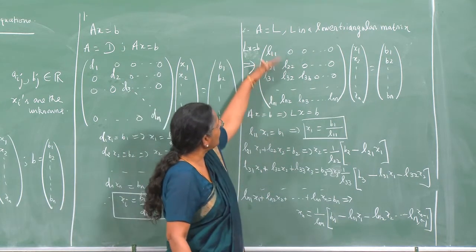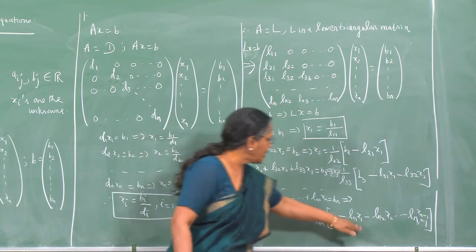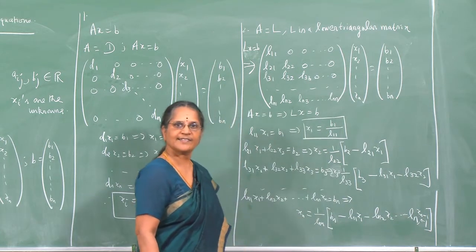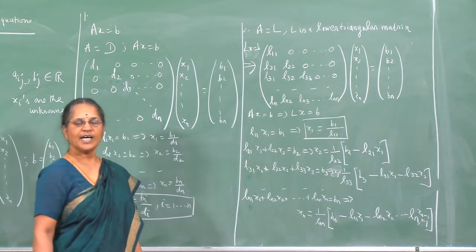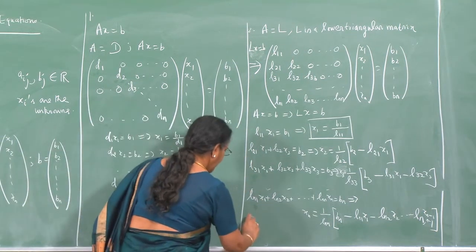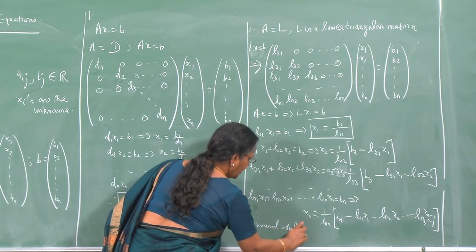You moved forward to the last equation, and with the knowledge of x1, x2, etc., xn minus 1, you computed the value of xn, and all the unknowns are determined. This method is called the forward substitution method.